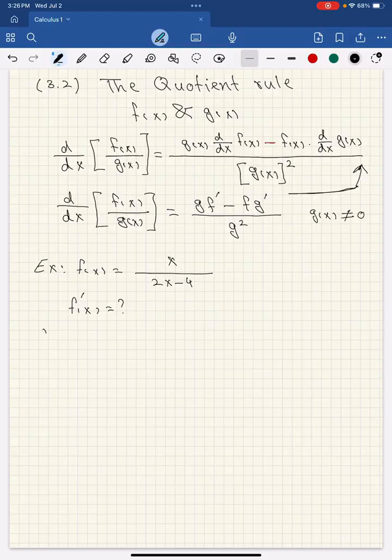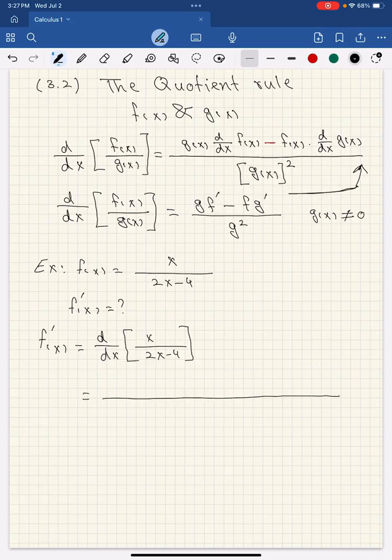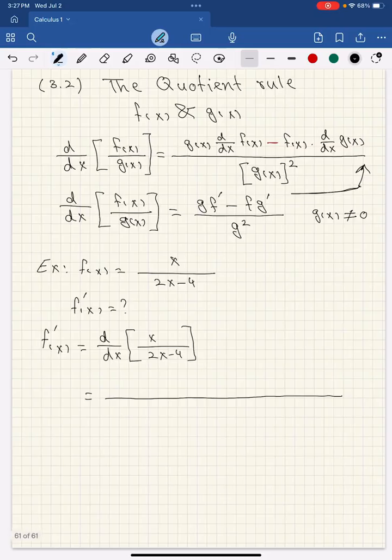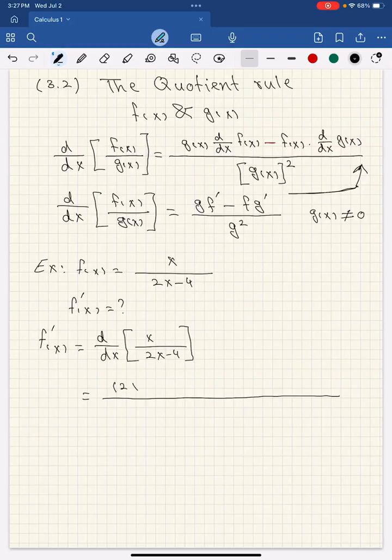To write every single step for you, f prime of x equals d dx of this quotient, which is x over 2x minus 4. And it means I follow the rule. Bottom, which is 2x minus 4, g of x.